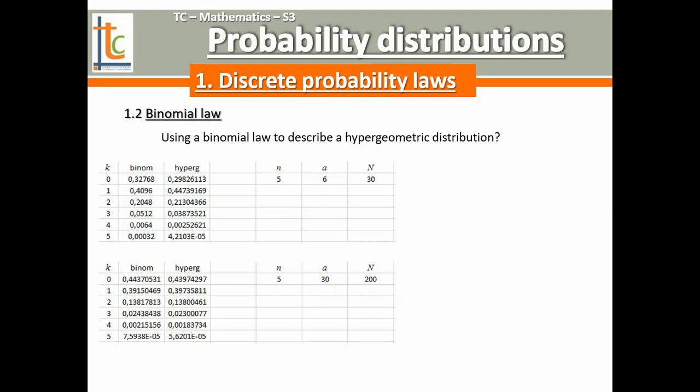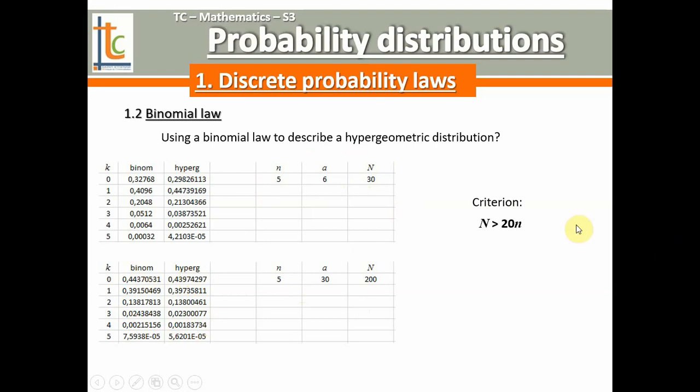The criterion that has been adopted here is that if the size of the population is more than 20 times the size of the sample, which is true here and wrong here, you can use a binomial law instead of a hypergeometric one, even if the repetition is forbidden. So this will be our criterion.